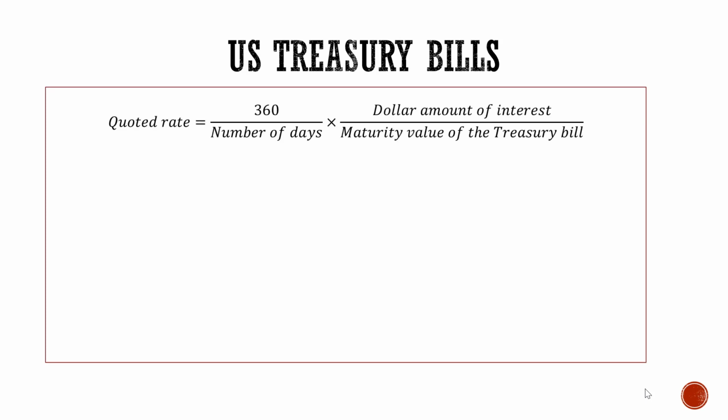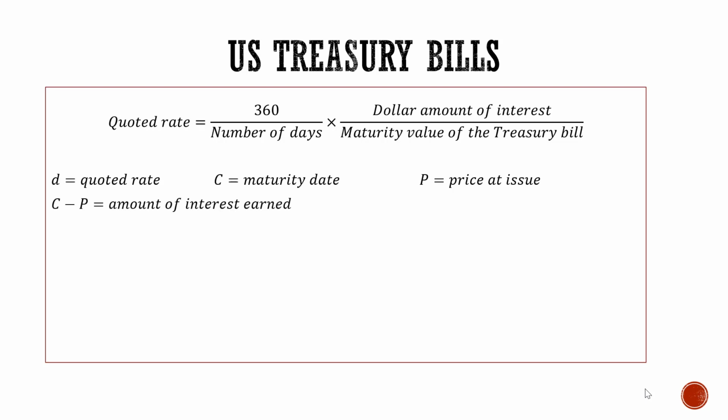For the U.S. Treasury bills, the interest rate is quoted by the formula 360 over the number of days times the dollar amount of interest over the maturity value of the Treasury bill. For convenience, we notate D as the quoted rate, C is the maturity value, P is the price at issue, and the difference between C and P is the amount of interest earned.